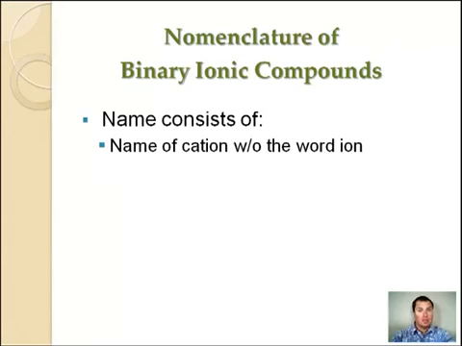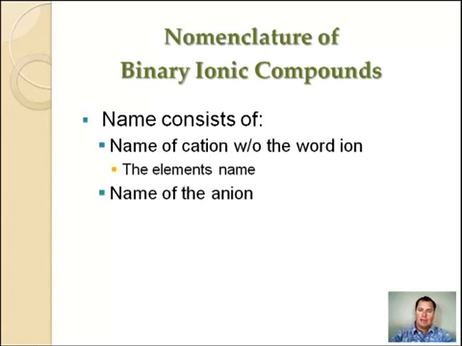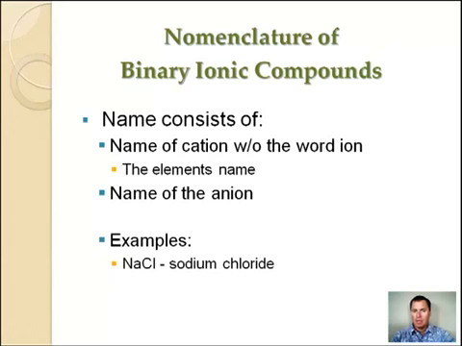That's the first element without the word ion. So basically, it's just the name of the first element. And then we put the name of the anion. Remember, anions end in -ide: chloride, fluoride, oxide, nitride. So the name of the first element plus the name of the anion. Let's look at a couple examples here.